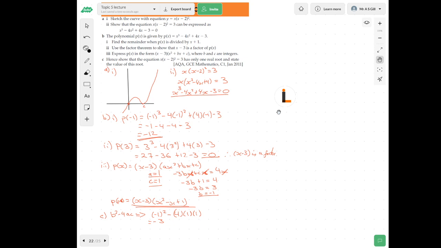So part C, the quadratic part of this, again we're going to use the discriminant.